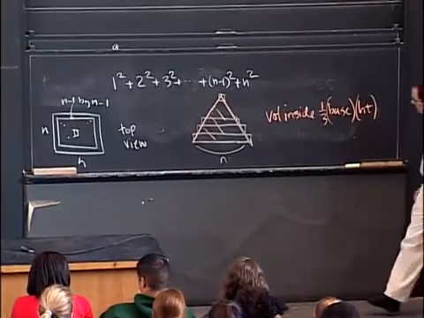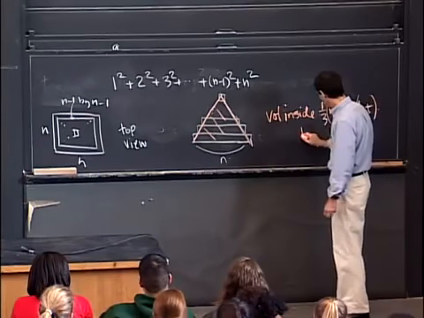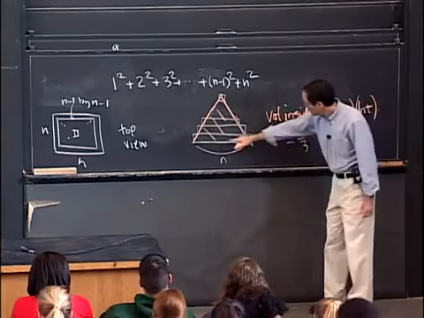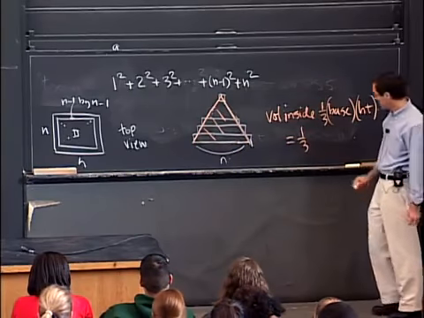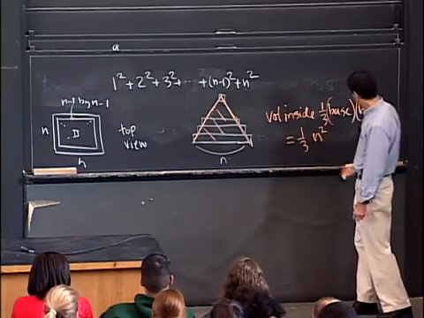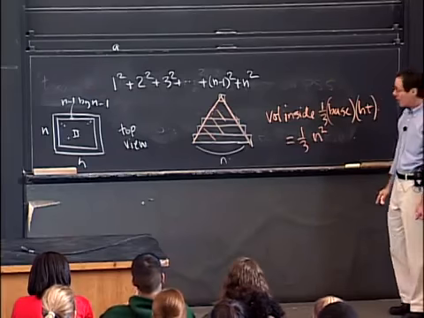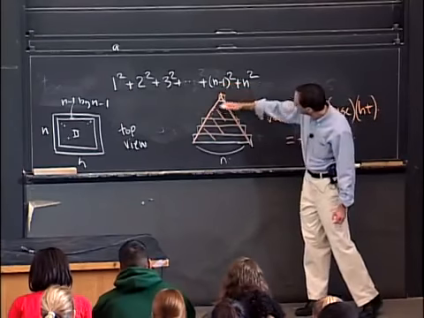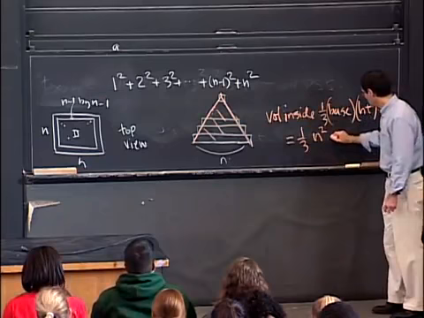And in that case, the base here, so that's 1/3, and the base is n by n, right? So the base is n squared. That's the base. And the height, it goes all the way to the top point. So the height is n.